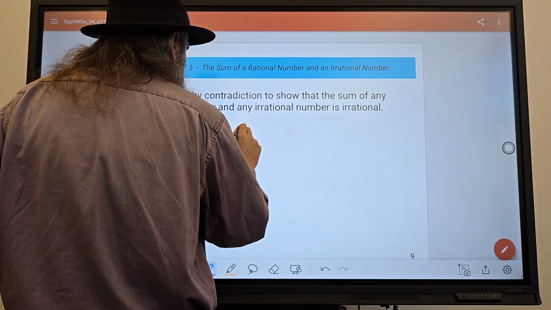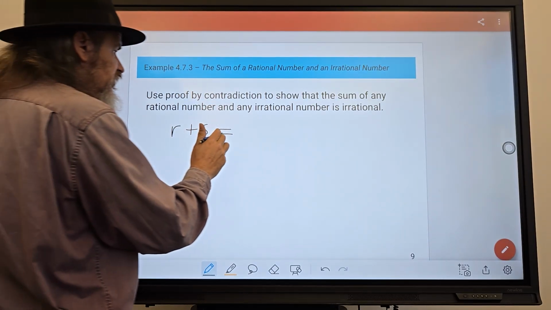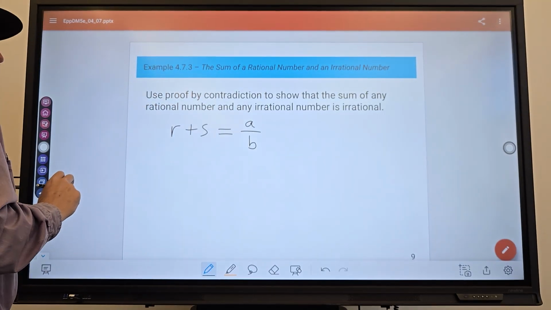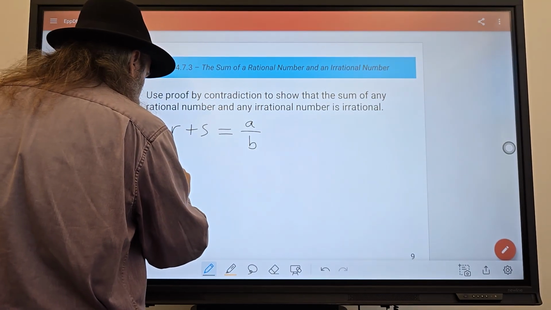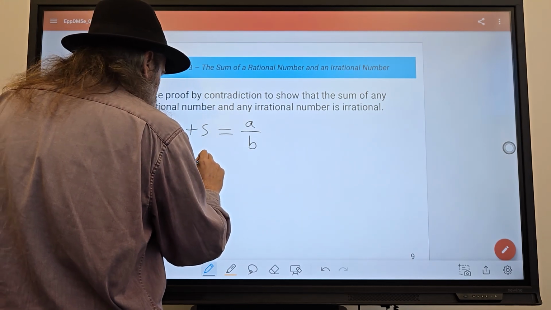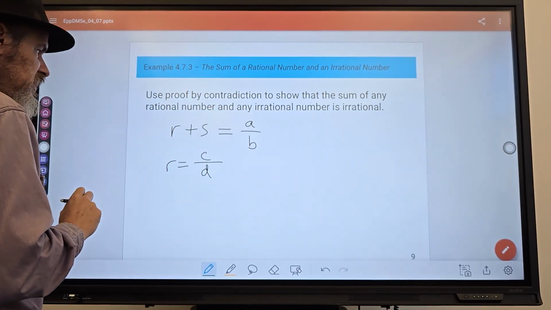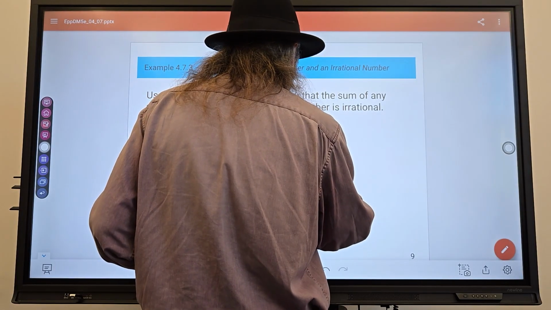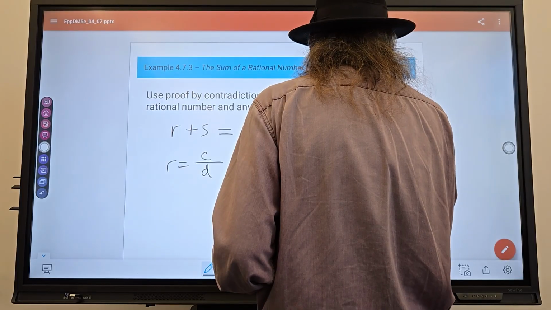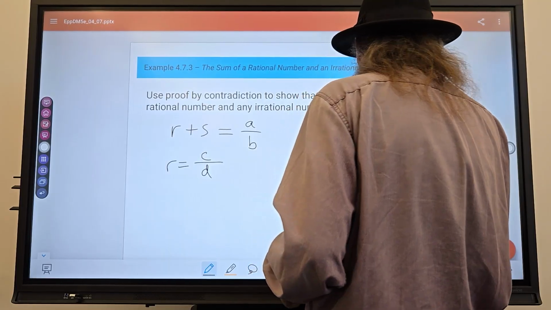If you're assuming that the sum is rational, then R plus S equals some integer A over B. And since R is rational, R equals C over D. So S would equal A over B minus C over D, solving for S.